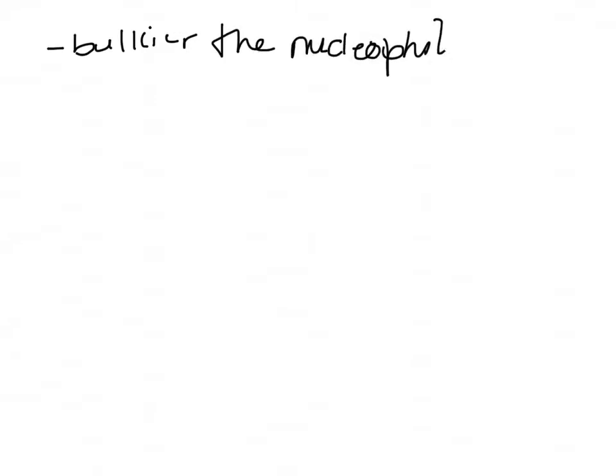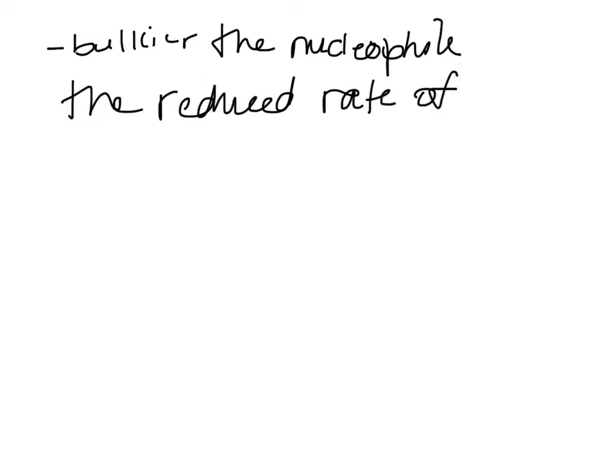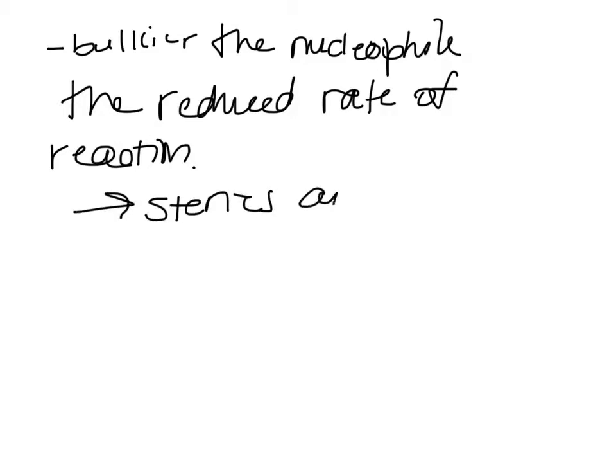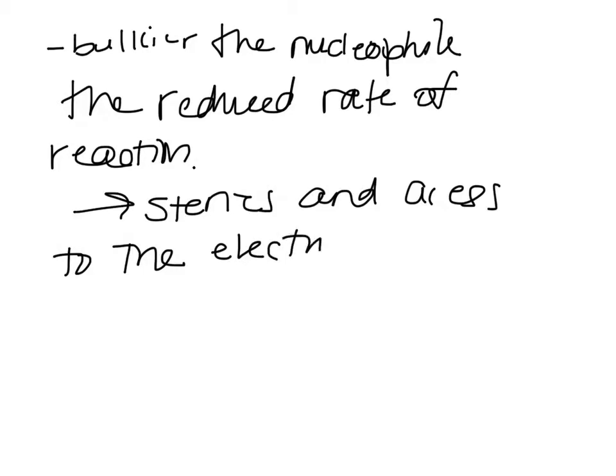In keeping with our talking about the nucleophile, the bulkier the nucleophile, the reduced rate of reaction. Here this has to do with sterics and access to the electrophilic carbon.